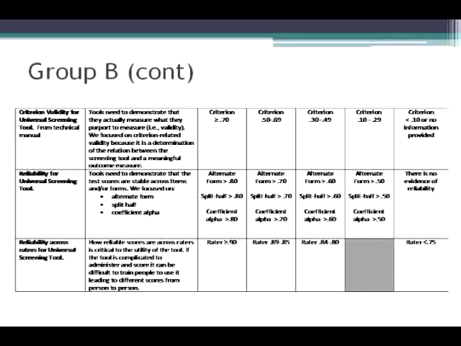It is possible under this rating to come up with different considerations. If the alternate form is greater than 0.8, but split half is between 0.7 and 0.8, that would be an indication of, should it be 3 points or 2 points?